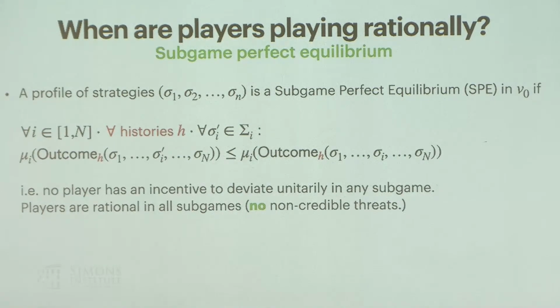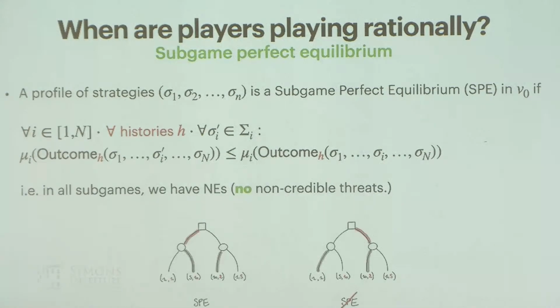So the problem is that when you adopt this definition, then algorithmically things are more complicated because you have added this universal quantification here, and so we will see how we can provide an algorithm for this game. Okay, and as I said, we can verify that this indeed is not an SPE, while this one is an SPE.